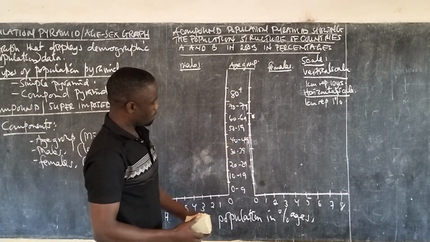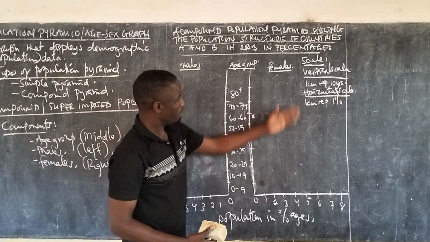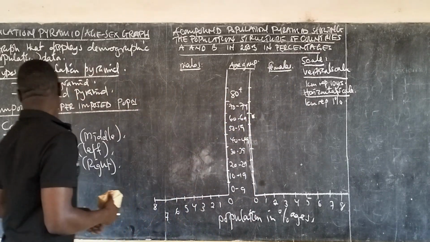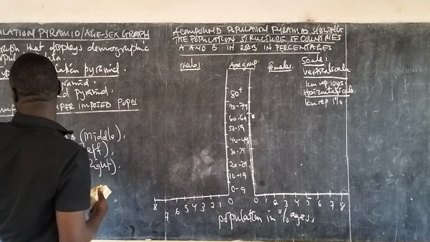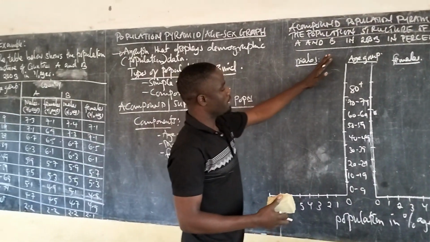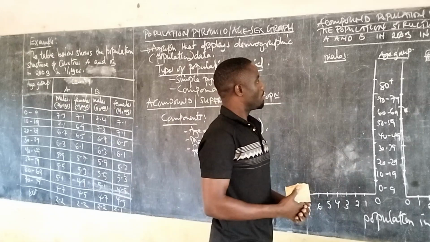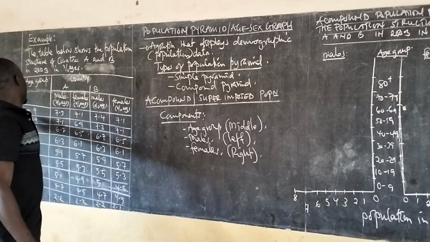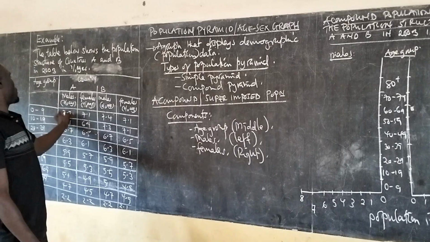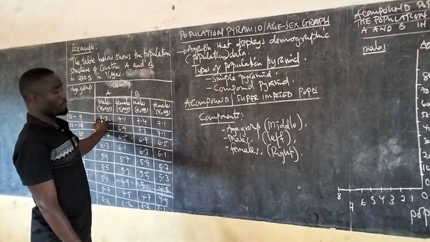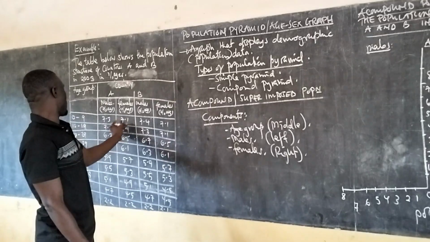We are going to plot them against the gender. You can start with country A and plot just the way we plot a simple population pyramid. For example, 0 to 9, the males in country A are 7.3, the females are 7.1.